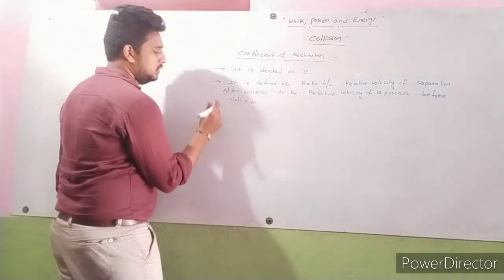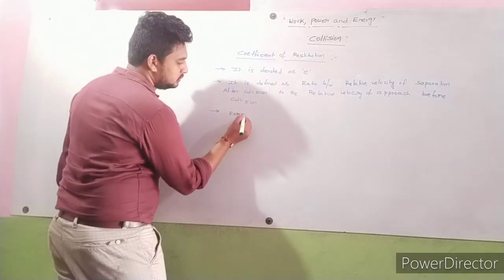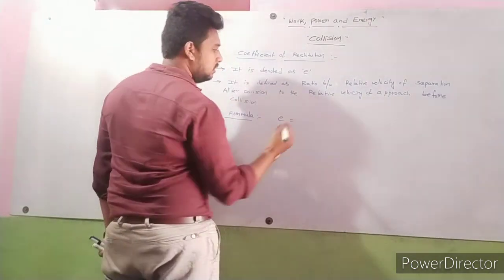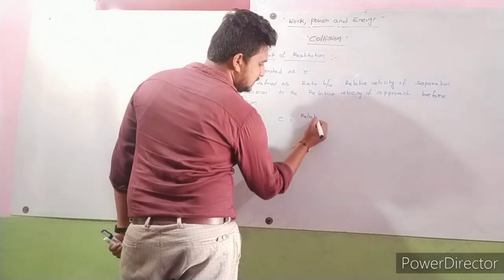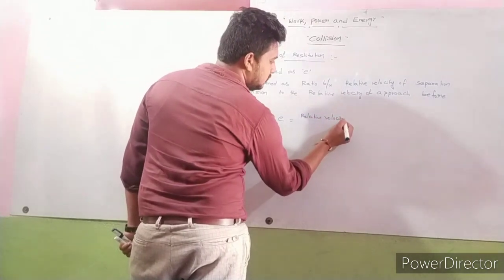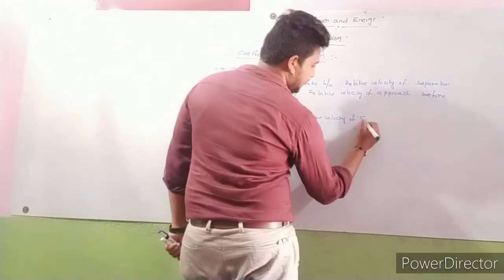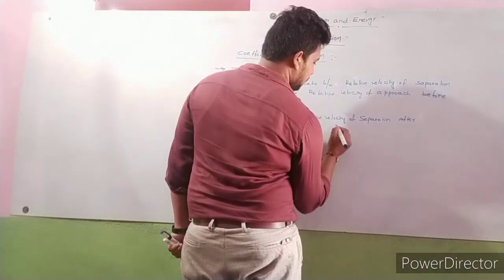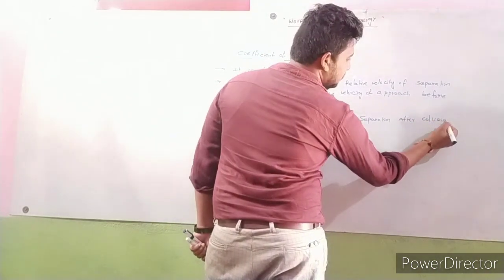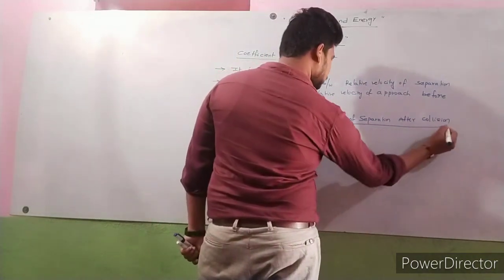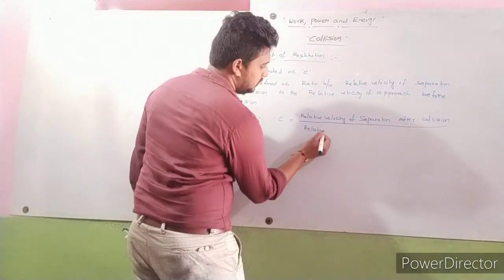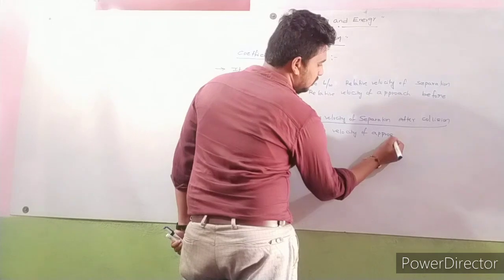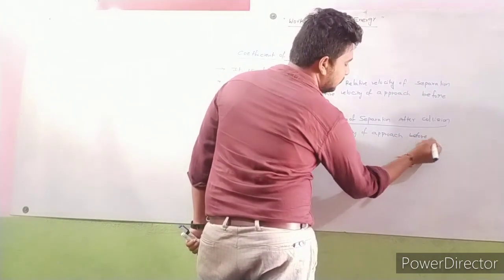Formula: E is equal to the relative velocity of separation after collision divided by the relative velocity of approach before collision.